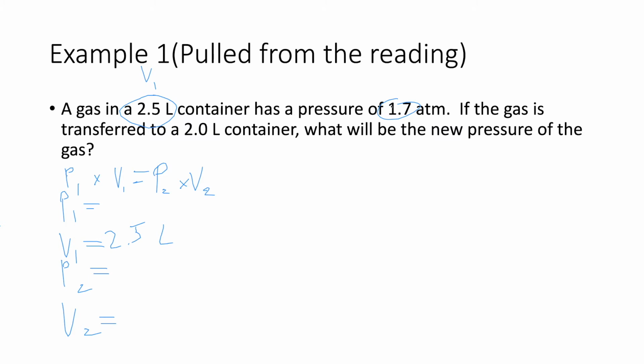You have to use that table, or the notes I gave you, to know what your units are for pressure, because pressure can be atmospheres, kilopascals, millimeters of mercury, or torr. Now, what do we know?